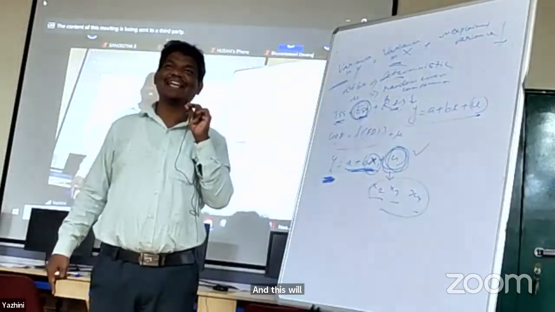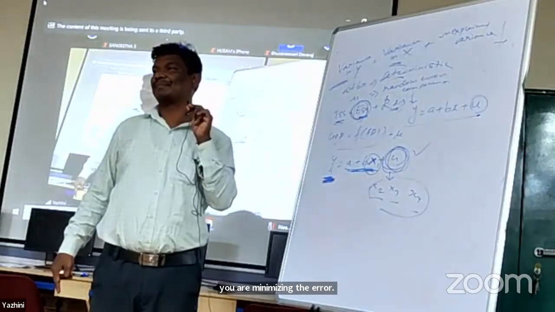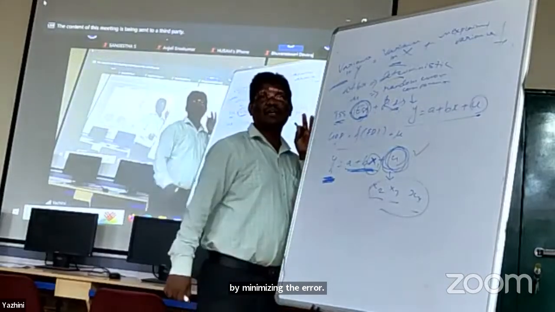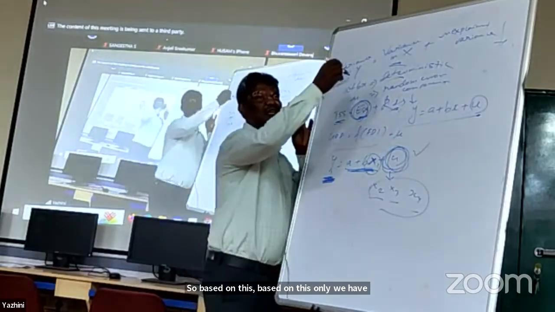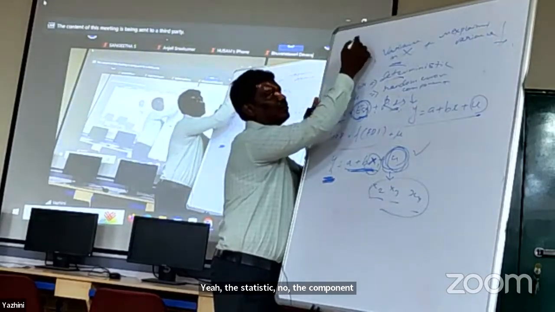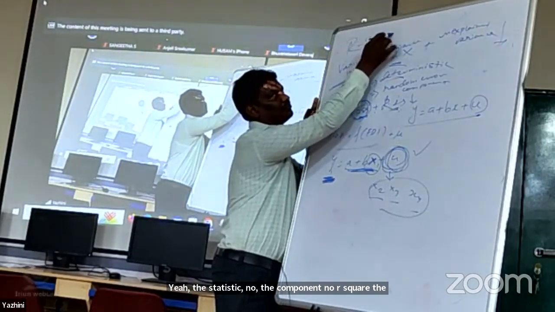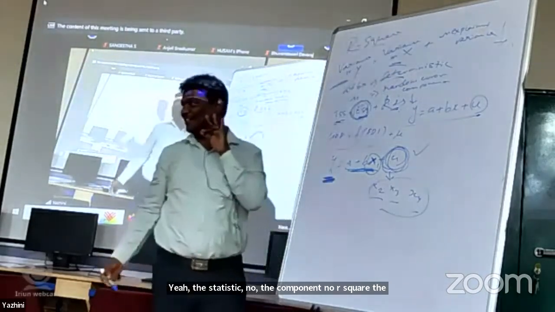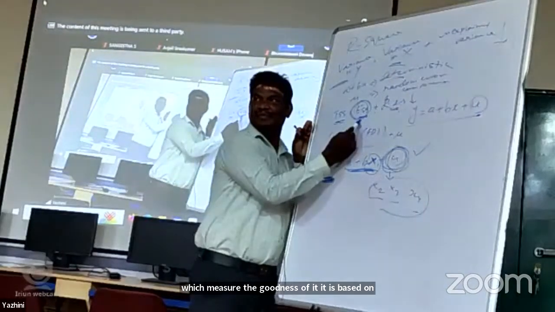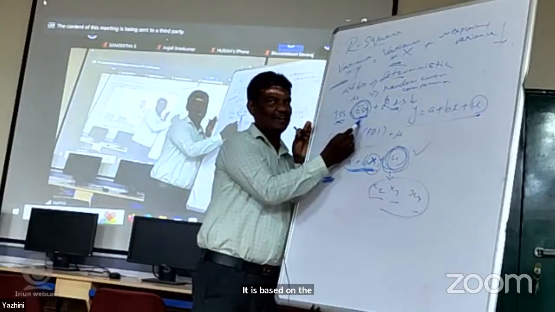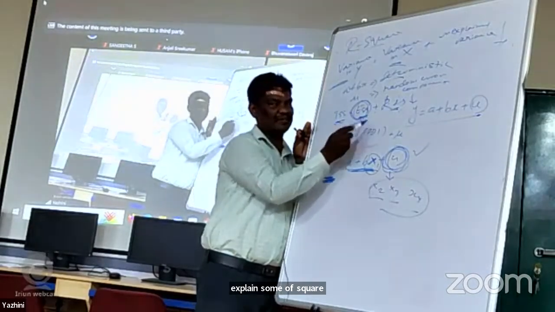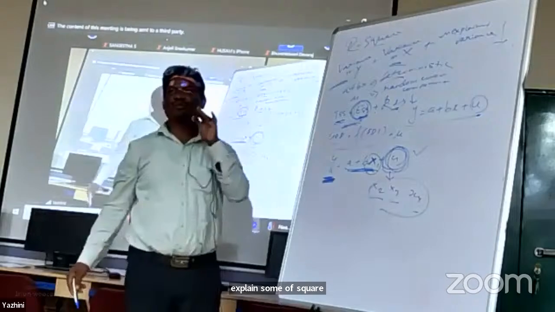By minimizing the error. So based on this only, we have the statistic called R square value, which measures the goodness of fit. It is based on the explained sum of square and total sum of square. Okay, this I'll come to while estimating.